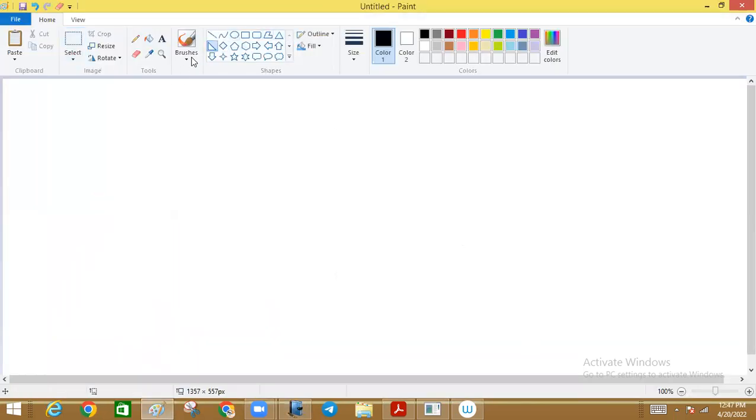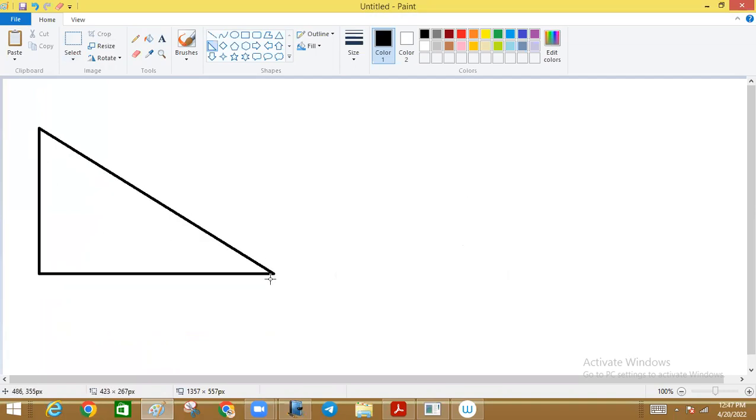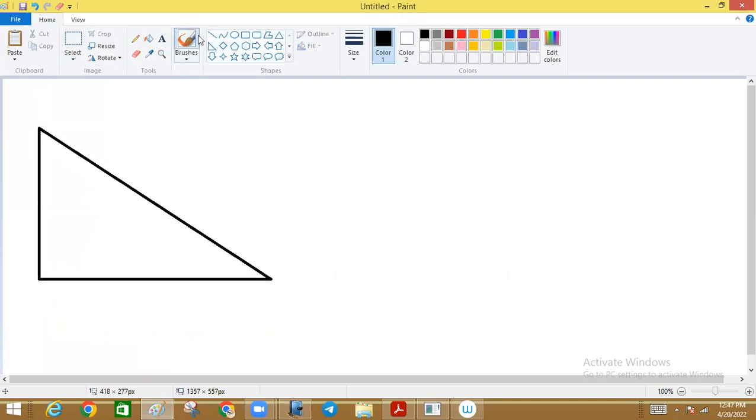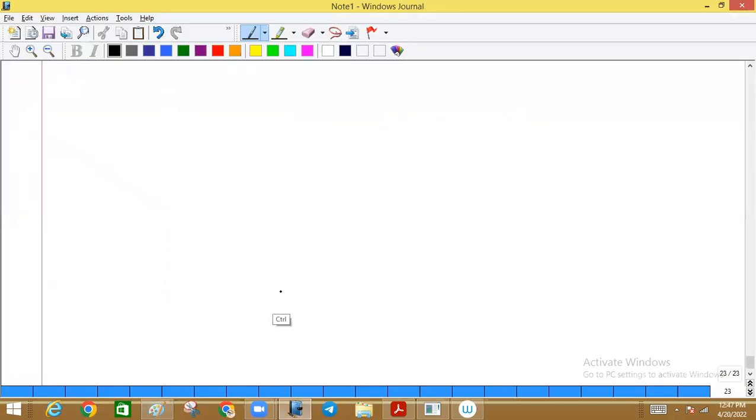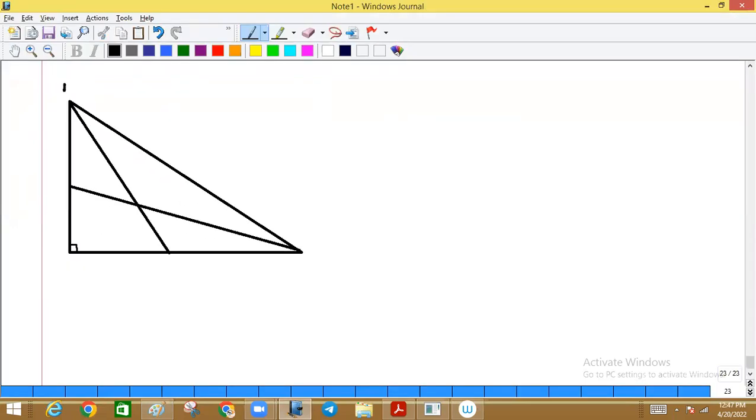If I give you a right angle triangle and give you two medians of a right angle triangle. So this one is one median. This one is another median. This is ABC.